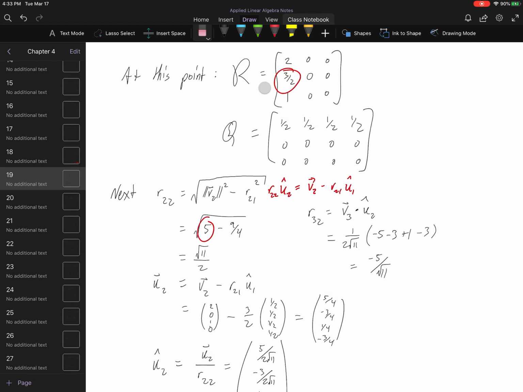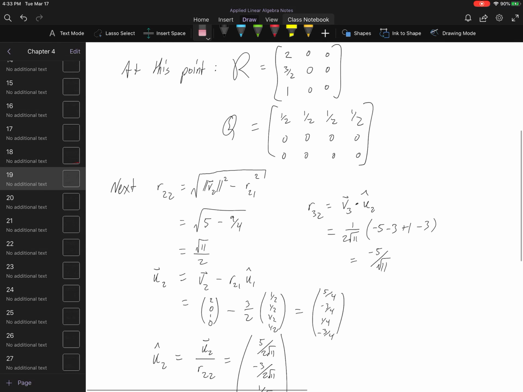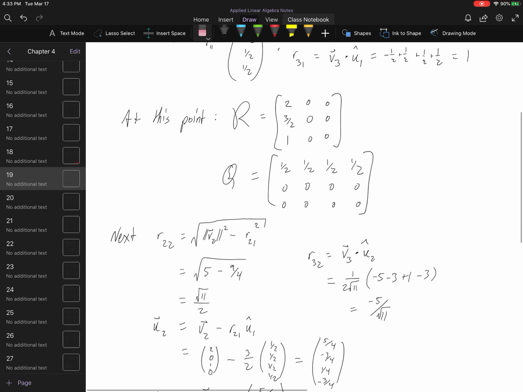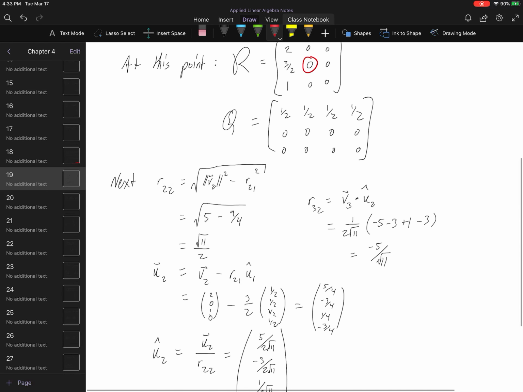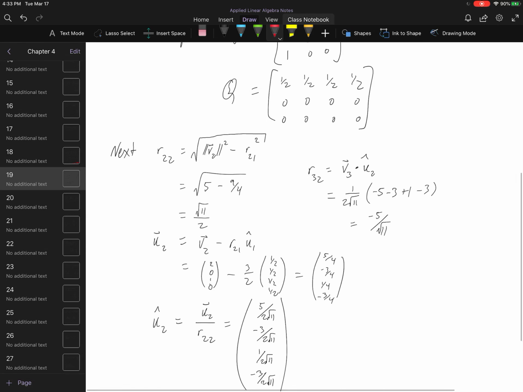And I'm squaring that and I'm subtracting it off of 5. Take the square root, and that's what goes in R22. All right, so I have just figured out R22, so that's going to fill in that next diagonal component of R. Great.